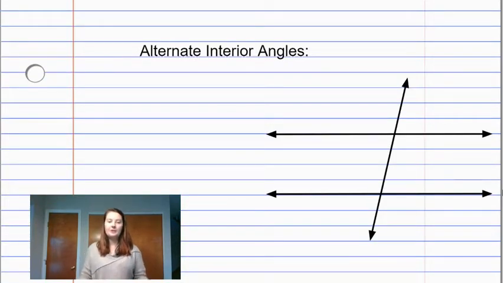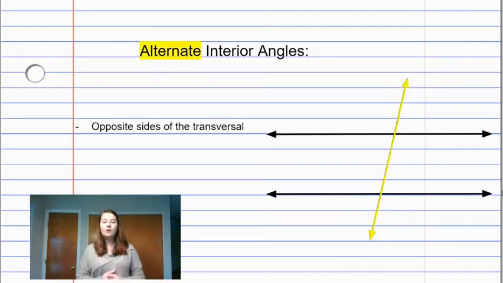Okay, alternate interior angles. Let's break it down and talk about what this means. When you see the word alternate, think about the transversal. Alternate means opposite sides of the transversal. Yesterday we talked about corresponding, which is on the same side of the transversal. Alternate means you have an angle on the left and an angle on the right, opposite sides of your transversal.